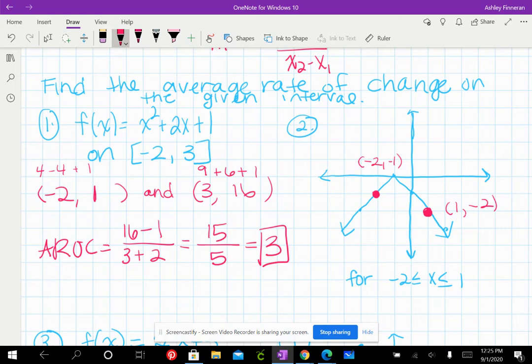However, because you have a picture of it and they both happen at nice integral values, just count it. So it's down 1, right 3, and then you're done. You can do the slope formula, but you just don't need to because you have a picture of the graph.